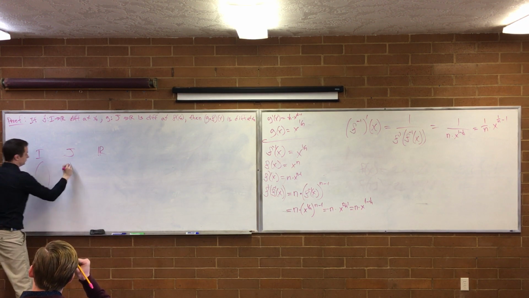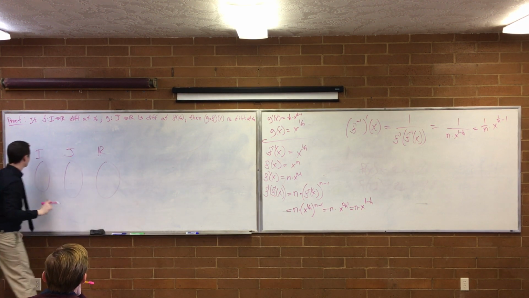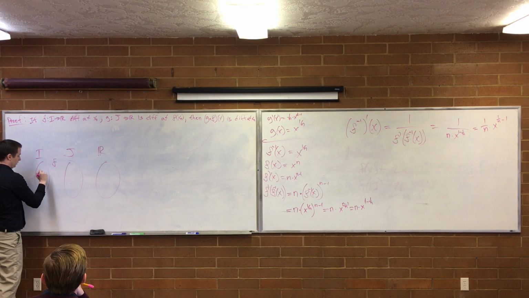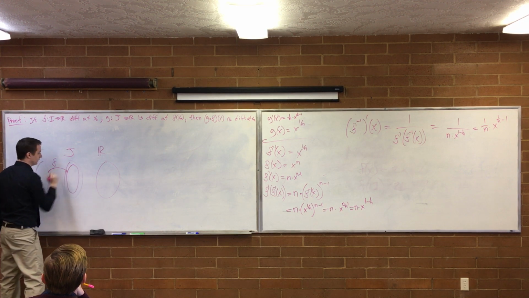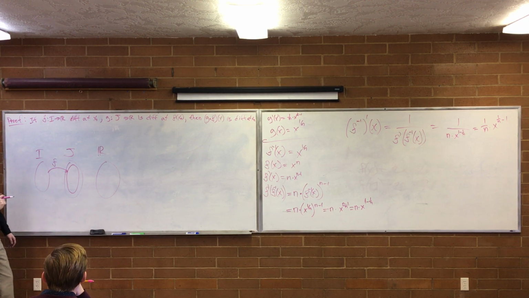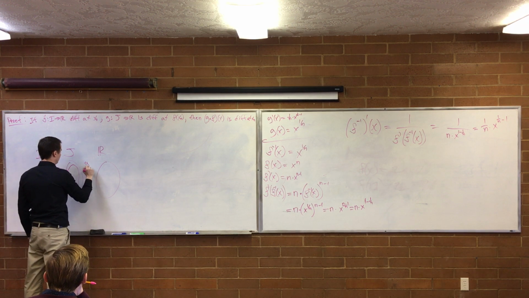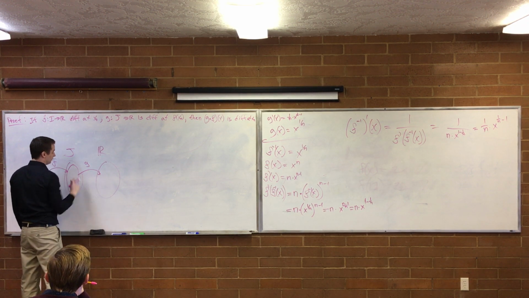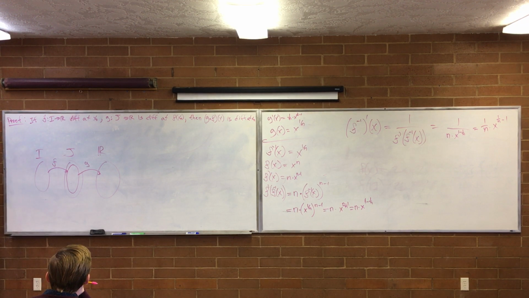So f maps I to f of I, which is a subset of J. And then g maps J to the real numbers. The subset J or just J?